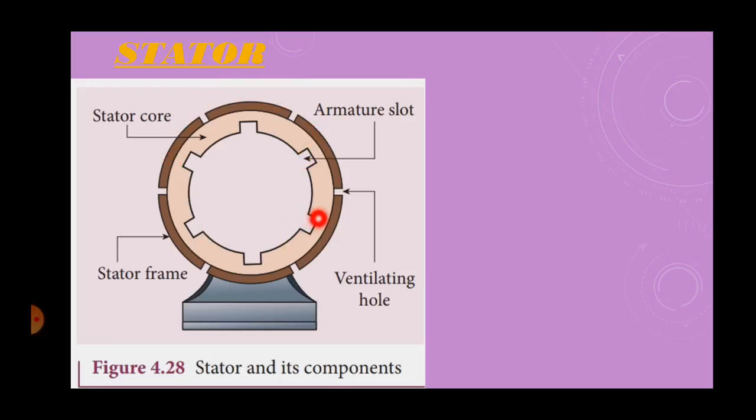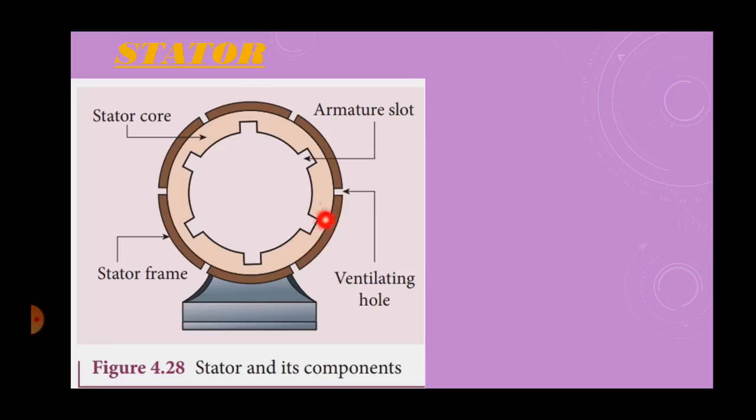So students, the stationary part which has the armature winding mounted in it is called the stator. It has three components, namely stator frame, stator core and armature winding. First of all, the stator frame.